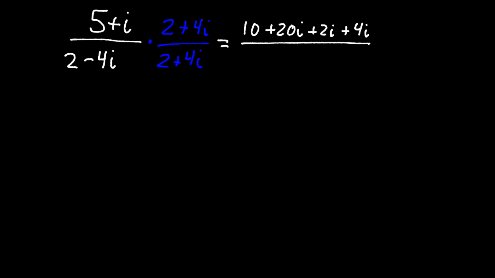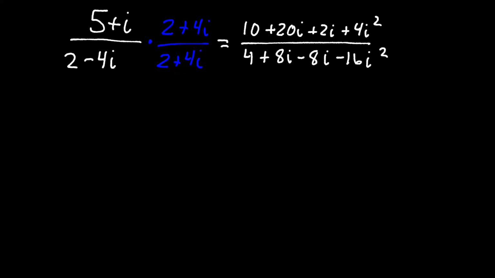On the bottom, we get 4. 2 times 2 is 4. Plus 2 times 4i, which is 8i. Negative 4i times 2 is a negative 8i. And negative 4i times 4i is a negative 16i squared. And I just realized I made a mistake. This should have been a plus 4i squared on the top.